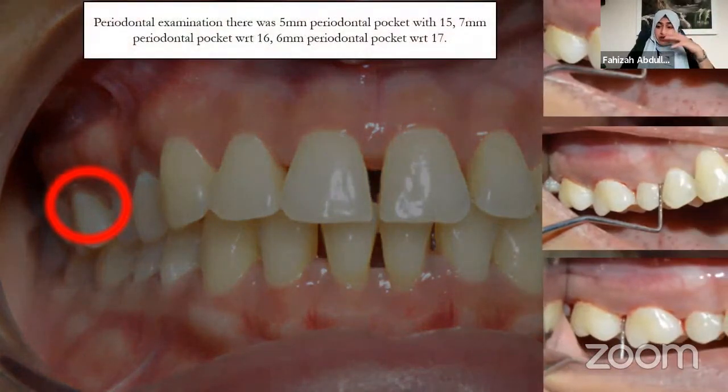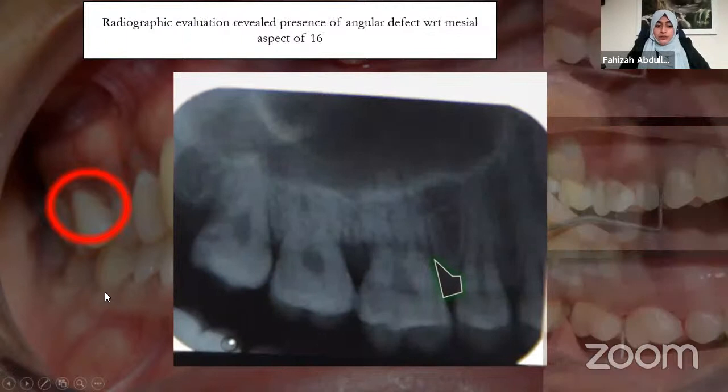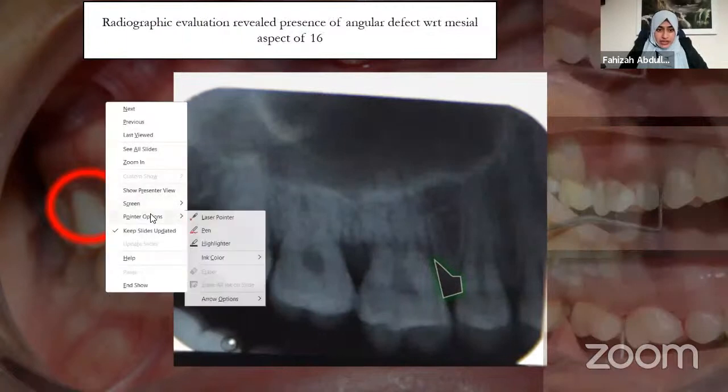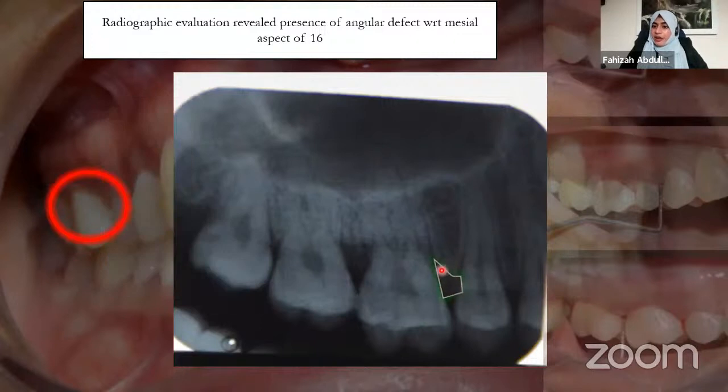On examination, we found a 5 mm periodontal pocket on the distal aspect of 1.5, a 7 mm pocket on the mesial aspect of 1.6, and a 6 mm periodontal pocket on the distal aspect of 1.6. On radiographic examination, we found a proper angular defect on the mesial aspect of 16.